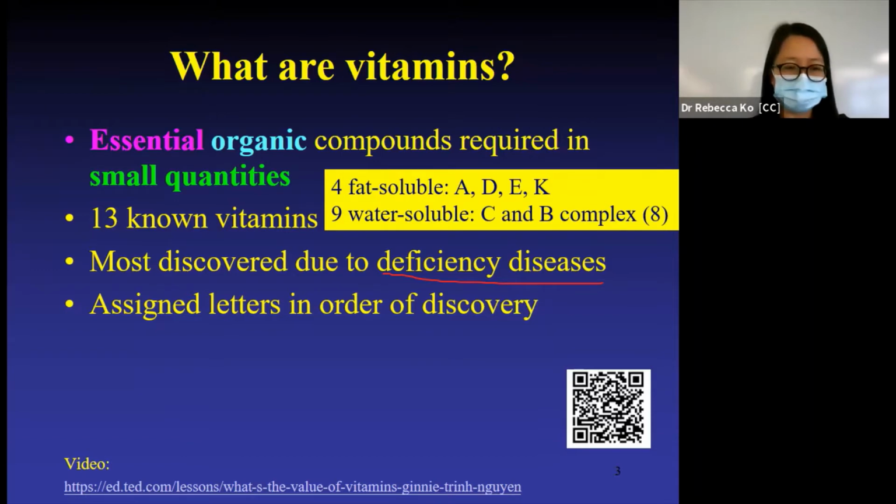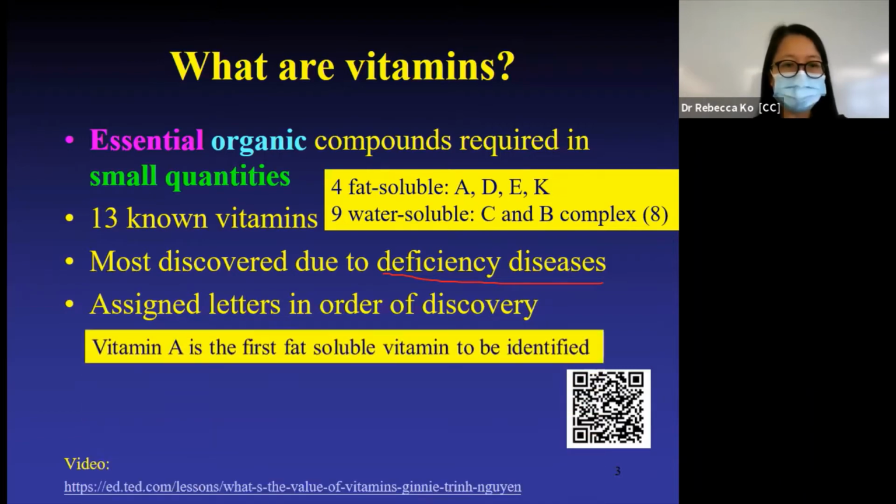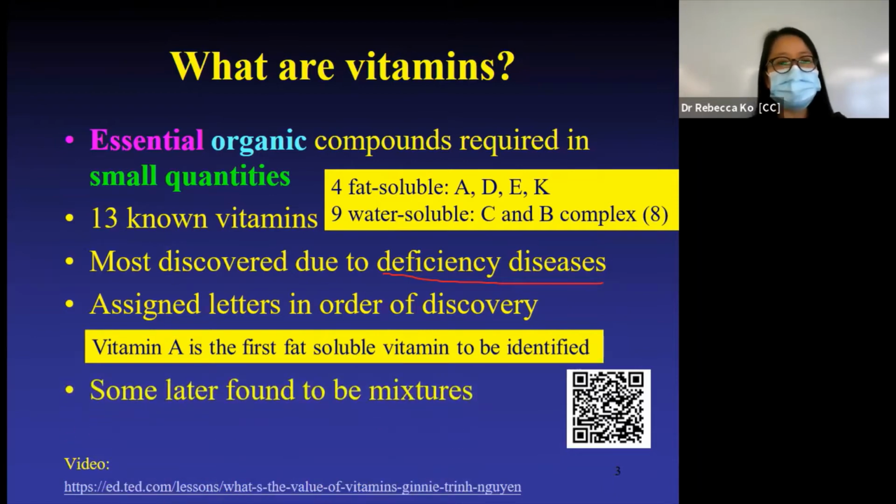They are assigned letters in the order of discovery. For example, vitamin A is the first fat-soluble vitamin to be identified, so it is assigned the first letter A. Some later found vitamins are in the form of mixtures.